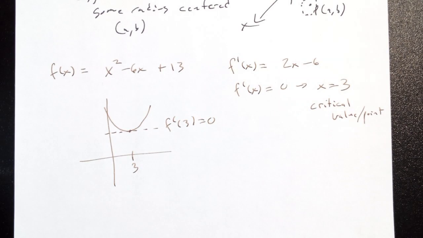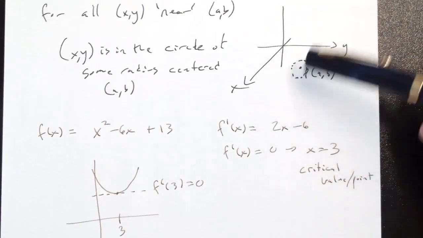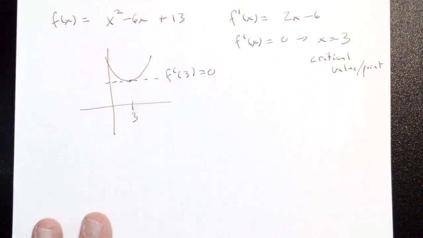Let's take this same idea and go from 2 dimensions to 3 dimensions. So instead of x and y, let's do x, y, and z. Back up here, I have a surface, right?